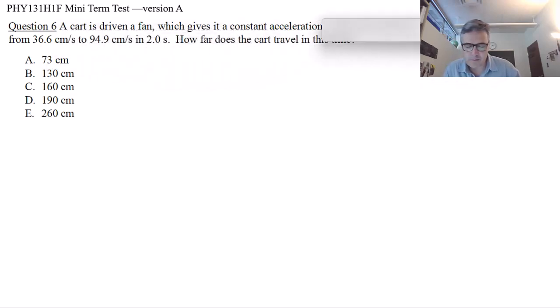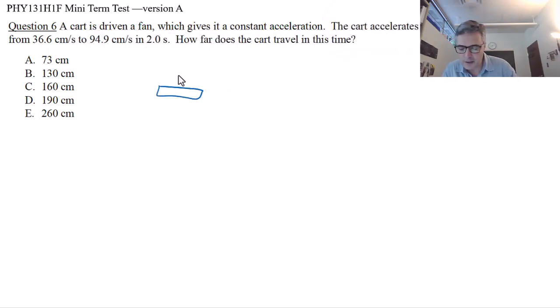Question 6. A cart is driven by a fan. So here's the cart, here's the little fan on the top, which gives it a constant acceleration. So a, again, equals constant. That's good to know. The cart accelerates from v0 equals 36.6 centimeters per second. That's not an SI unit, but that's okay, I hope.